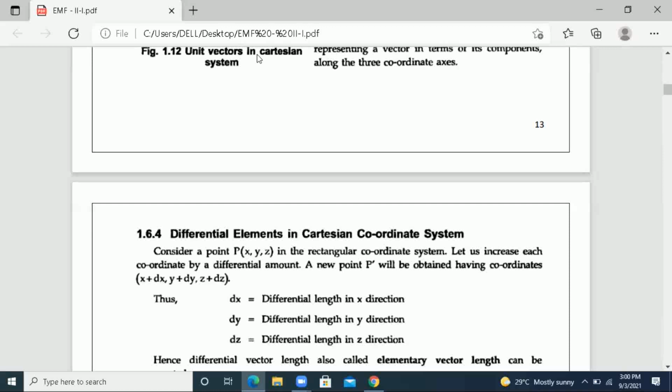Hmm? Is it finding the rate of change of one thing in regards to the next? Absolutely.